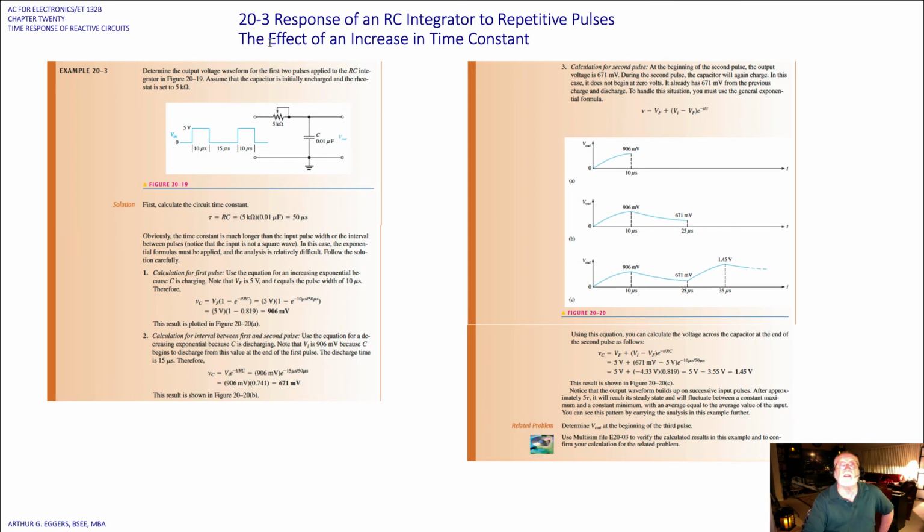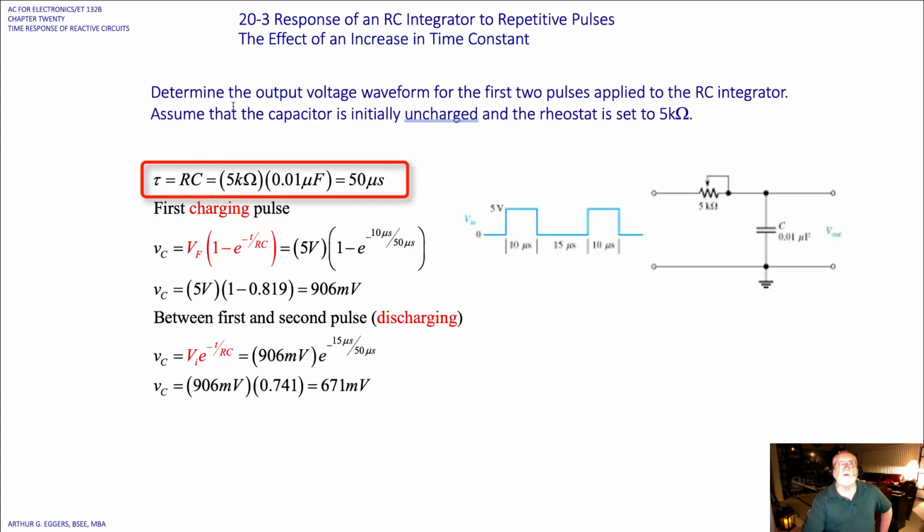Let's take the effect of an increase of the time constant. We've got a circuit here. We're going to determine the output voltage waveform for the first 2 pulses applied to the RC integrator. Assume that the capacitor is initially uncharged and the rheostat is set to 5K ohms. We determine our time constant, 50 microseconds.